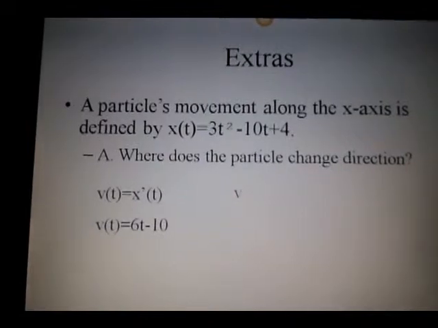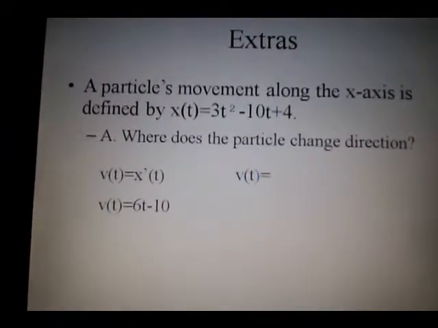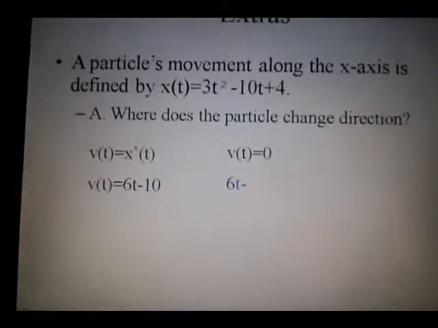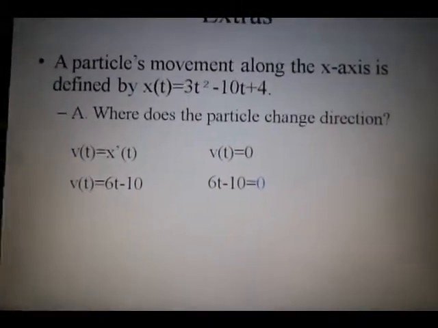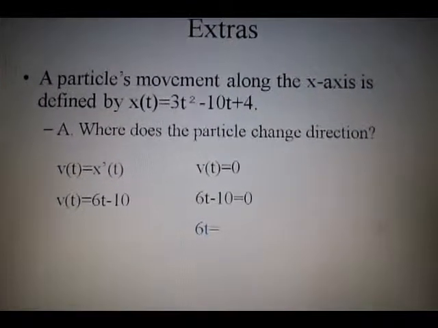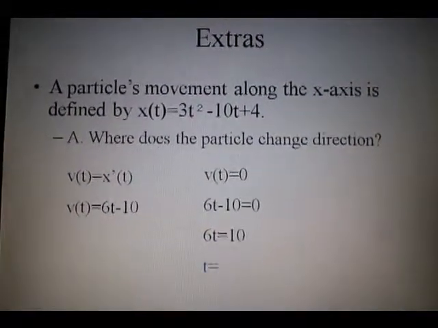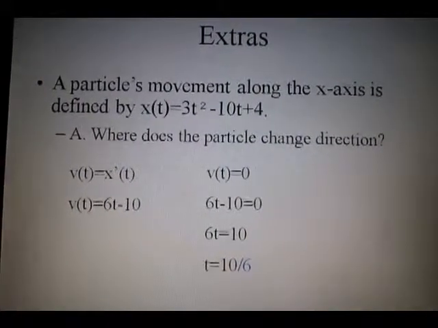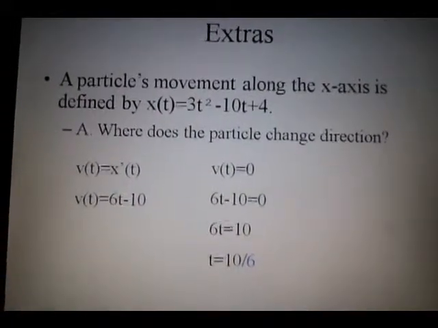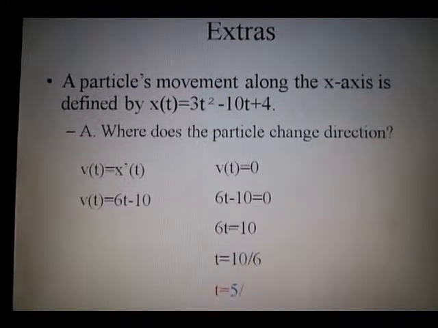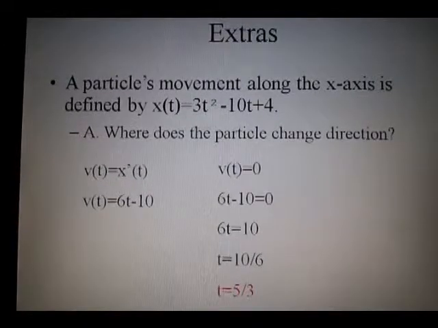Once you have found your velocity, you set it equal to 0. 6t minus 10 equals 0. After doing so, you solve for t. Your answer turns out to be 10 over 6, which can be simplified to 5 over 3. And that is your answer. The particle changes direction at t equals 5 over 3.